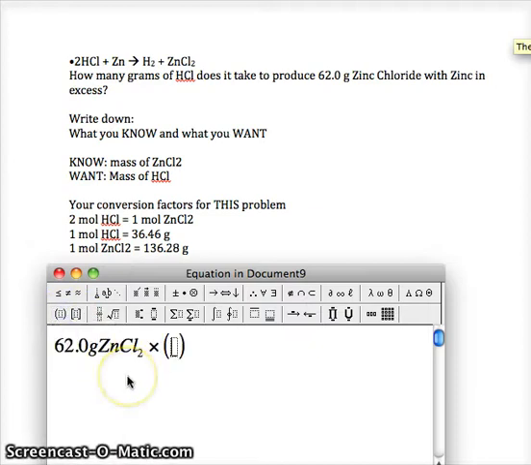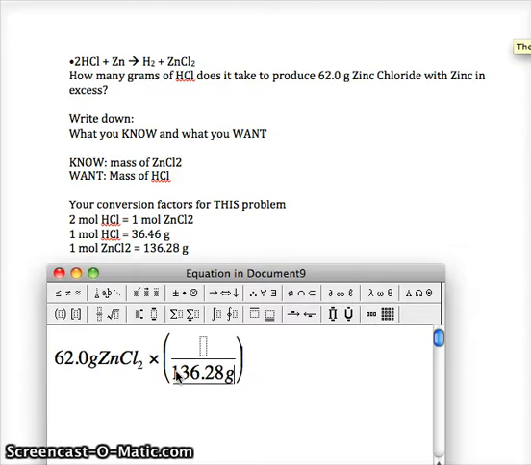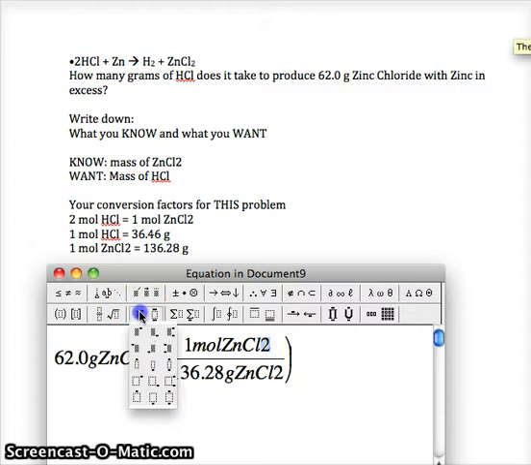We want to get rid of grams of zinc chloride, and we want to move into moles. So we know that there's 136.28 grams of zinc chloride in 1 mole of zinc chloride.